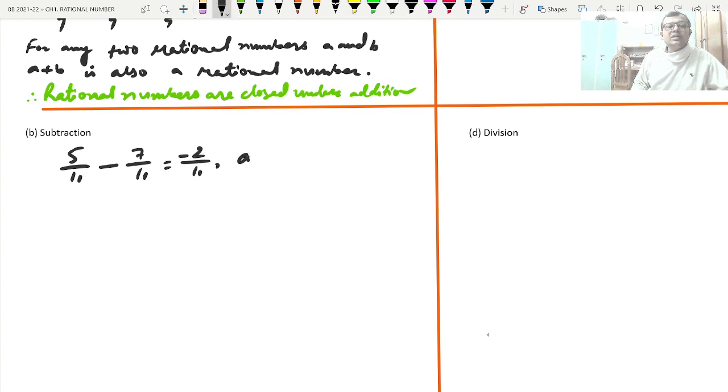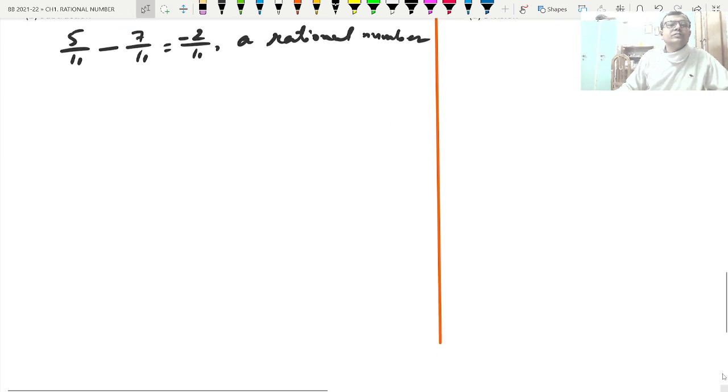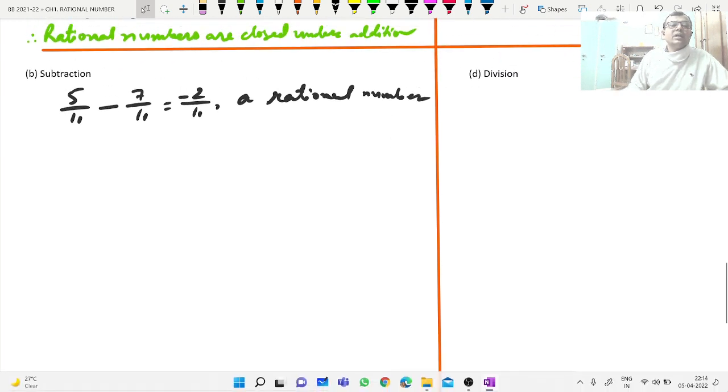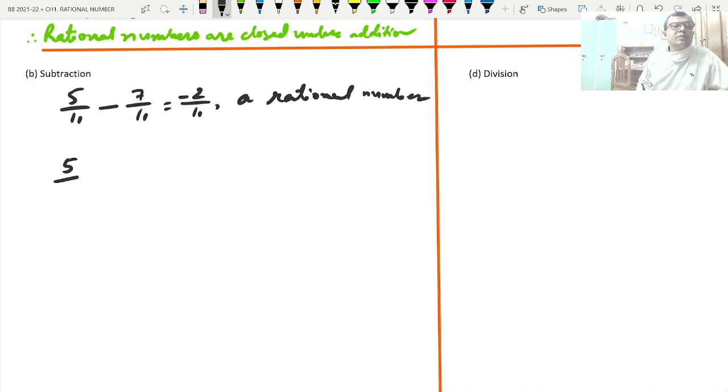This is a rational number, right? Now, I'll take another. Suppose 5 by 3 minus 0. It is 5 by 3 only. This is also a rational number.